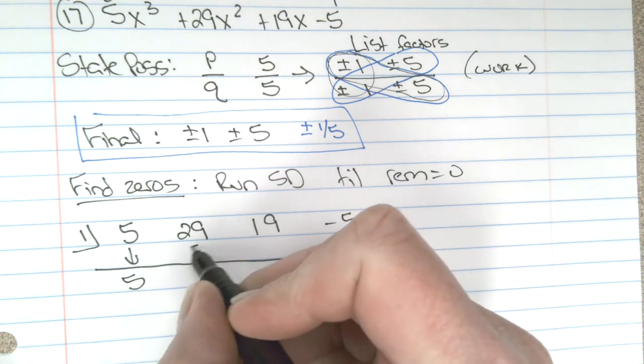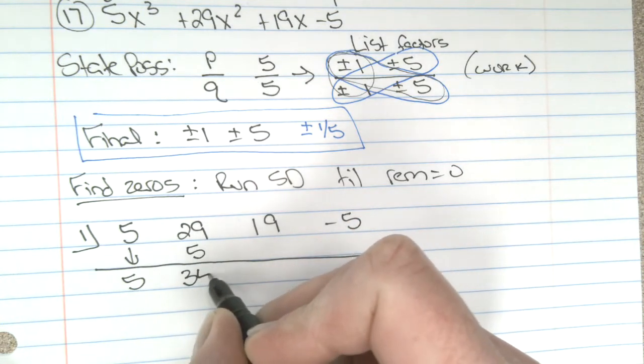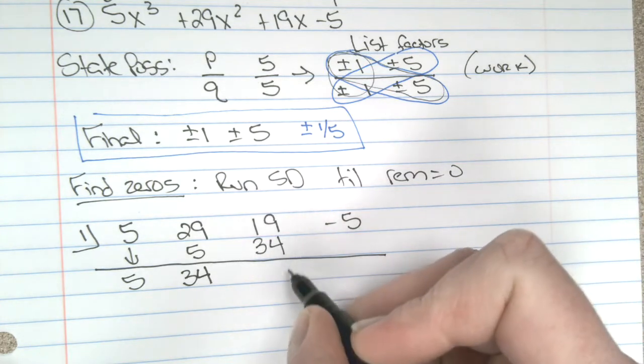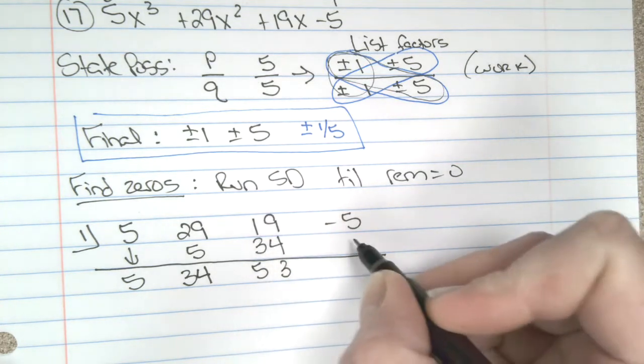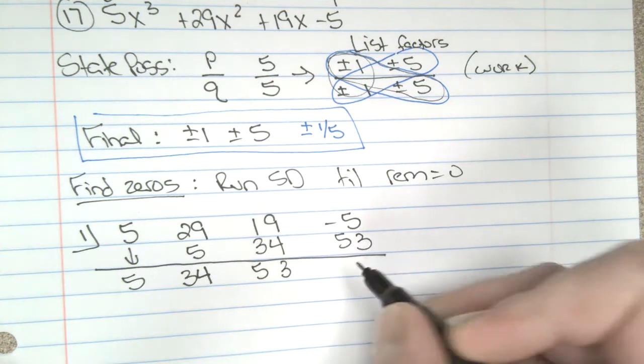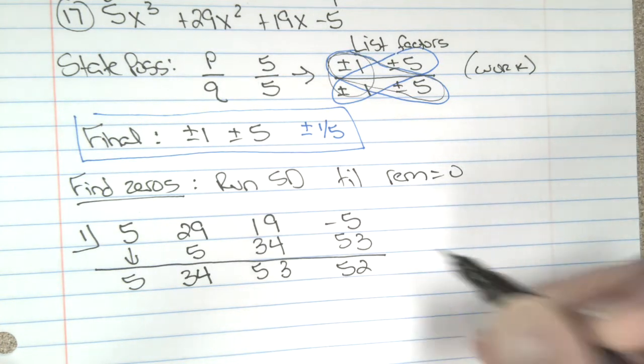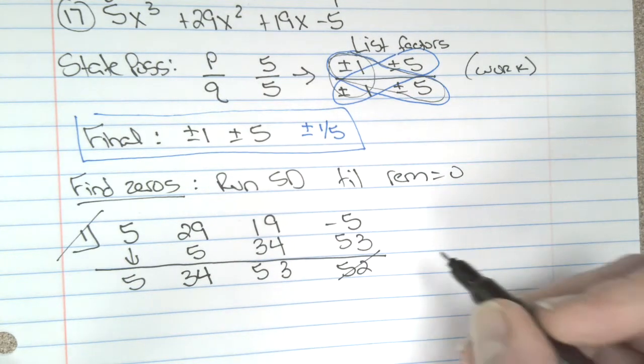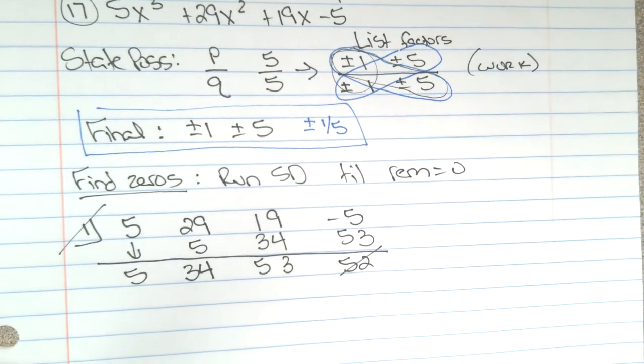Bring it down, multiply, add, multiply, add, multiply, add. Nope. So that is not one of them because my remainder is 52.